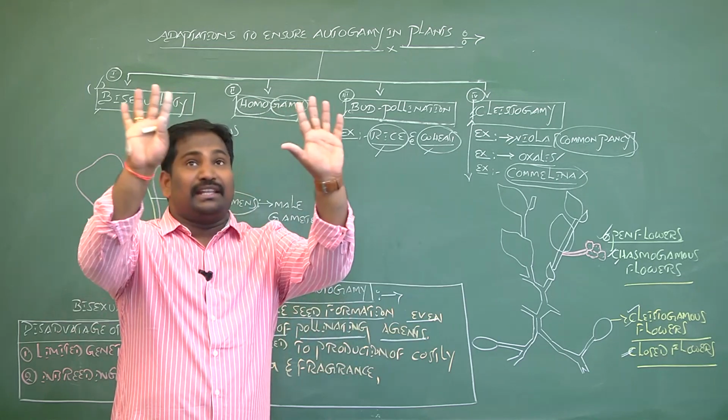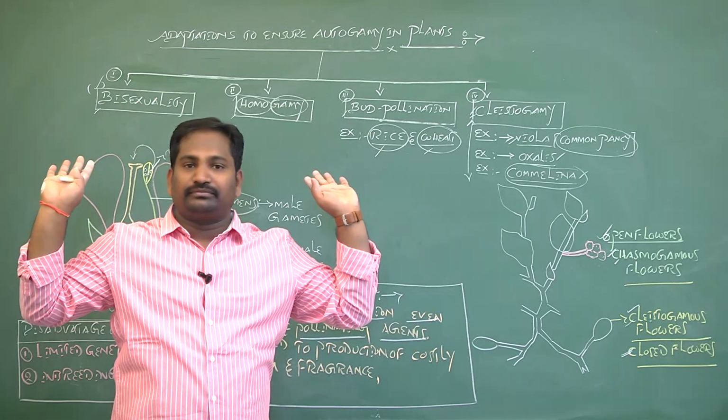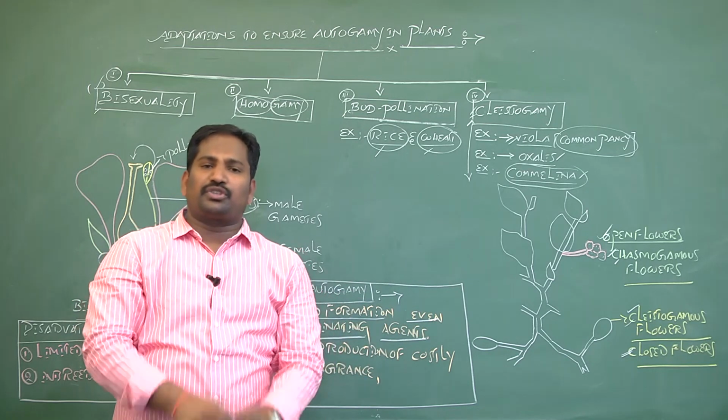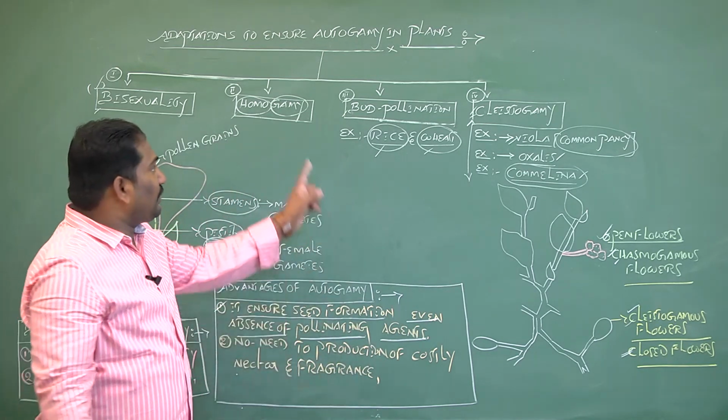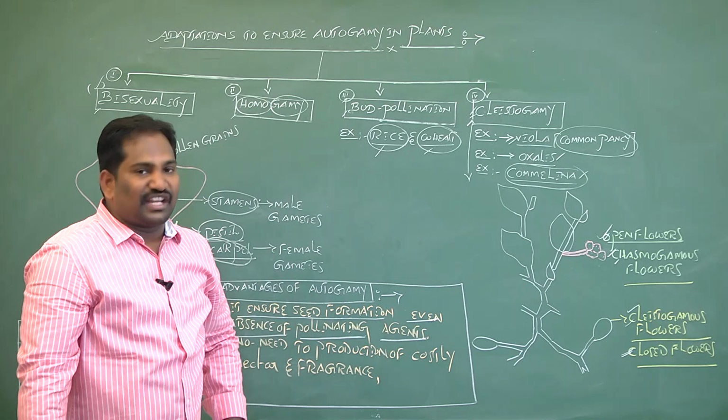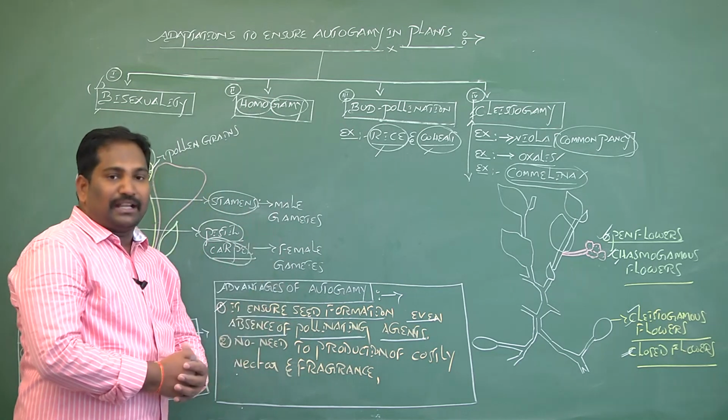If any pollinating agent is absent, there is a guarantee of seed production if a plant does autogamy or self-pollination. This is the first advantage.